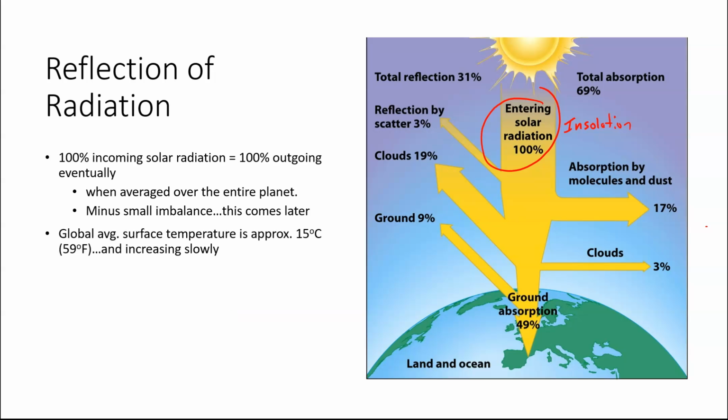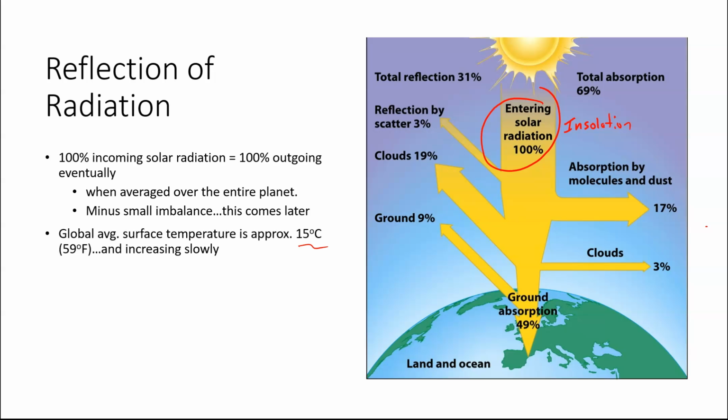All right. So the global average surface temperature is about 15 degrees Celsius, or about 59 degrees Fahrenheit. It is, of course, very, very slowly increasing. But again, that's a global climate change topic for another date. But that's the average surface temperature.